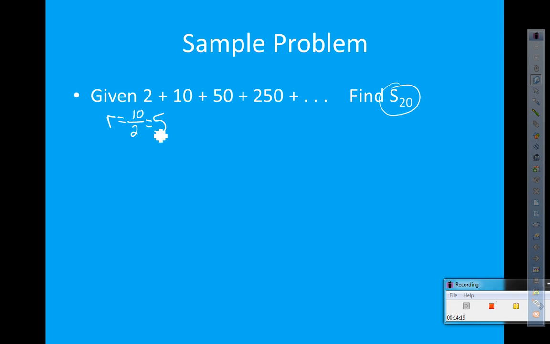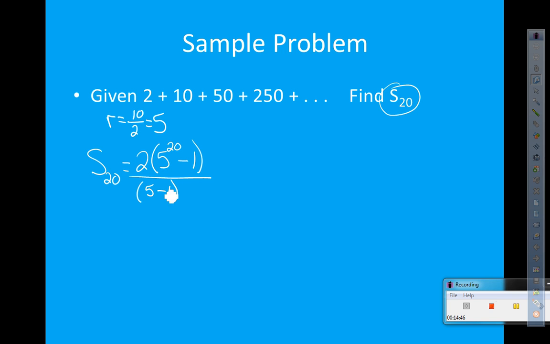Second term divided by your first term. So to sum up these first 20 terms, it's going to be G sub 1, which is 2, times a parenthesis. My R value, which is 5, raised to the 20th power, minus 1, close your parenthesis, divided by parenthesis 5 minus 1.